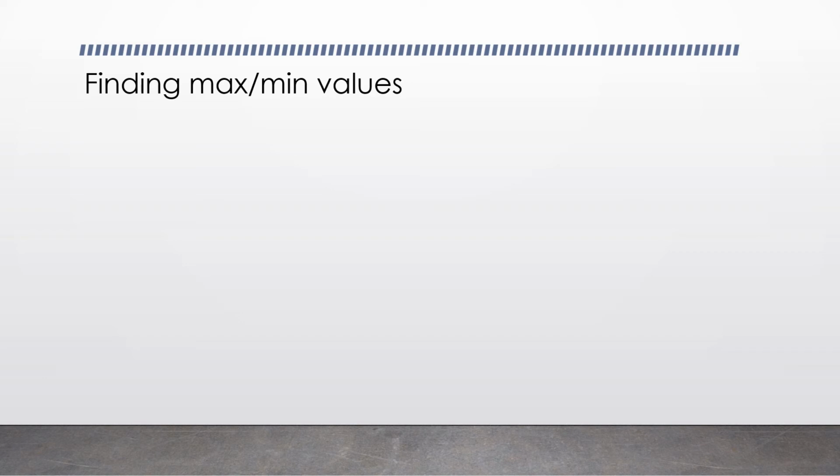Another very common example is to find the highest or lowest value. Maybe we're reading through a list of forecasted temperatures for the day, and we want to find the day's high and low temperatures. Okay. So we have to create values.